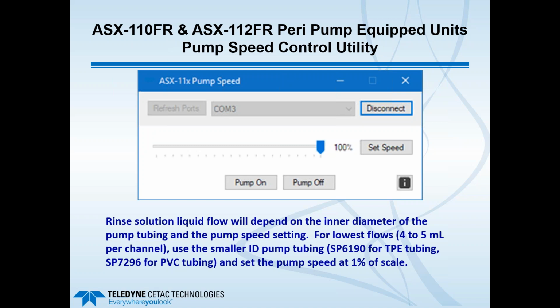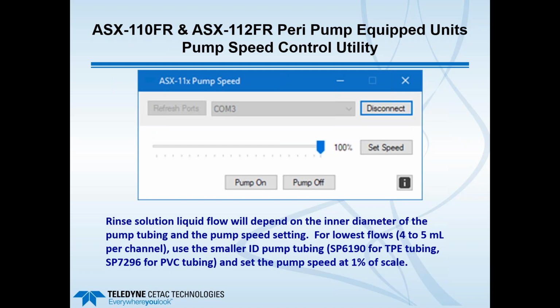Now, there is a pump speed control utility available that allows the user to control the amount of rinse liquid, either water or an acid solution. For lowest flows, there is smaller ID pump tubing available, either a thermoplastic elastomer or PVC tubing, and you set the pump speed to 1% of scale.